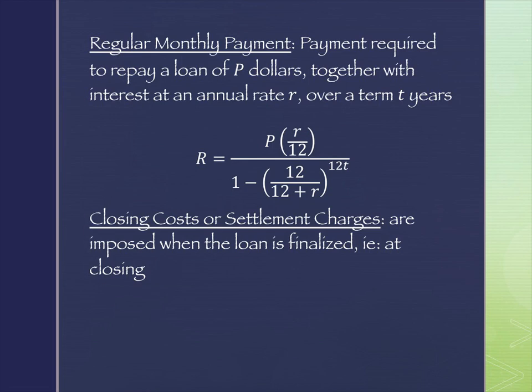But the quantities themselves should look a little bit like things we've seen before, right? You've got a 12 over 12 plus R. That kind of looks like our H over 100 plus H that we saw before. You've got an exponent that's 12 times T, right? 12 times T, what's that doing? Well, it's turning that yearly time into months. That's what you're really doing, is that exponent, there's a number of months, okay?